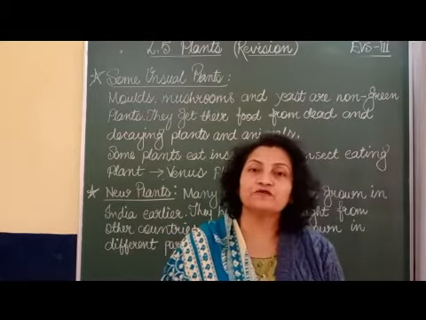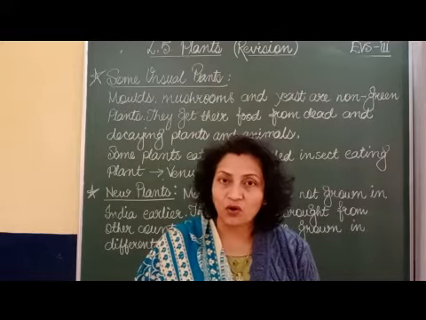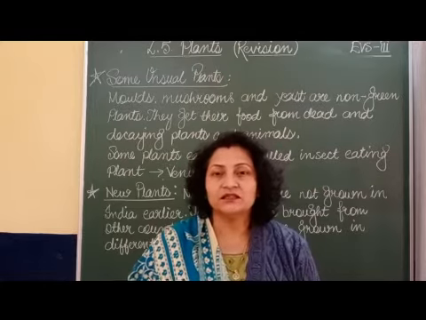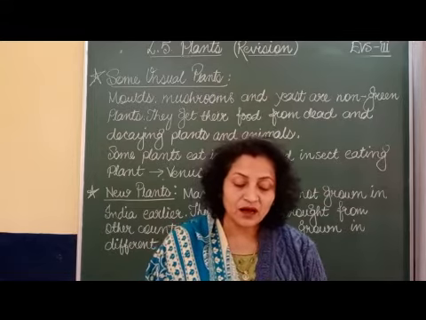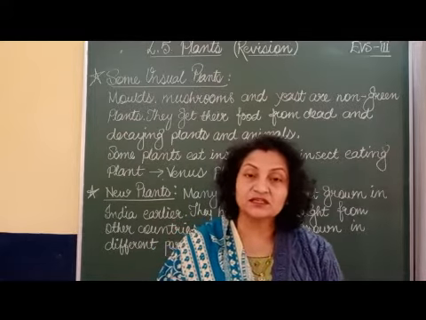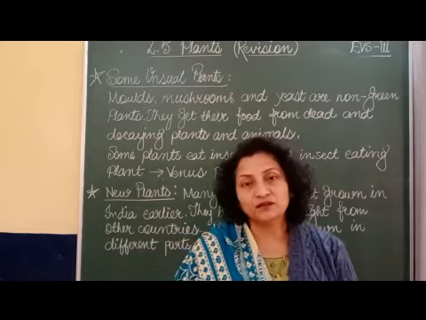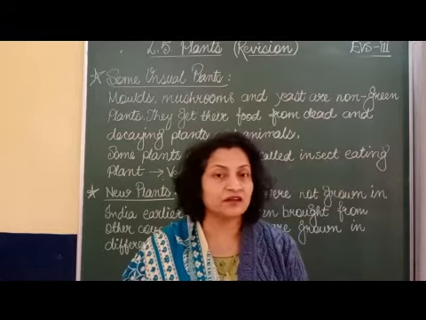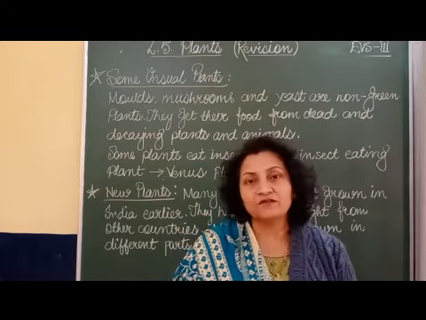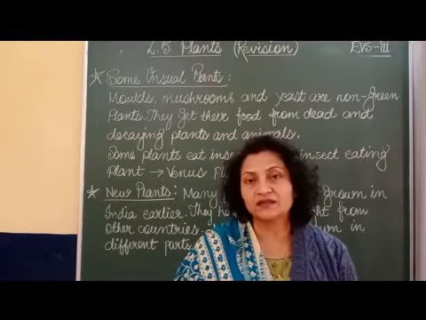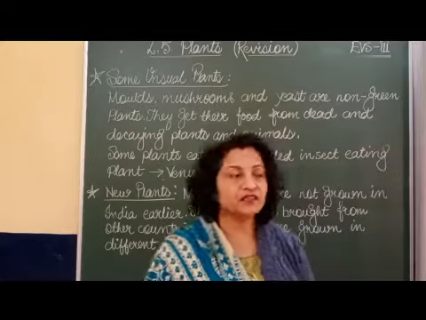Kinau is a fruit that looks like an orange, but it is not an orange, and it is a very sour fruit. These fruits have come from outside India. They were not planted in India in previous days, but now you can find these plants in many parts of India.